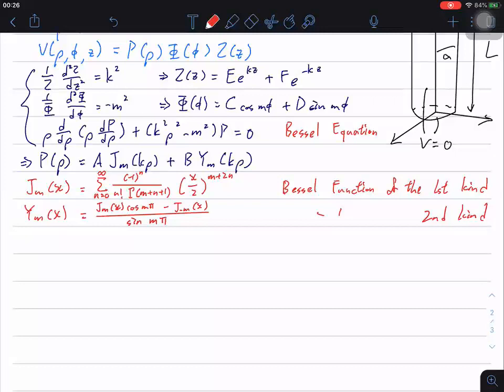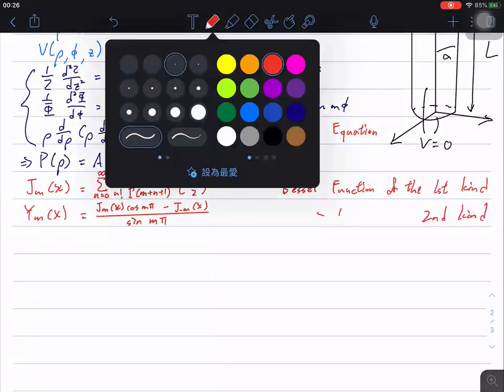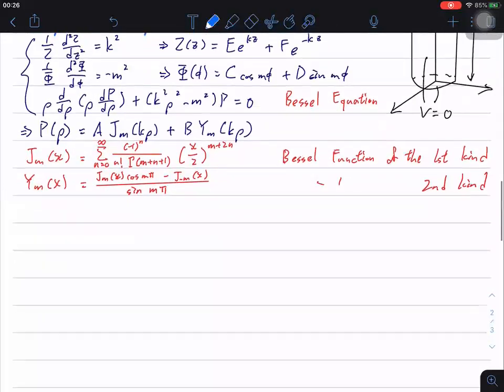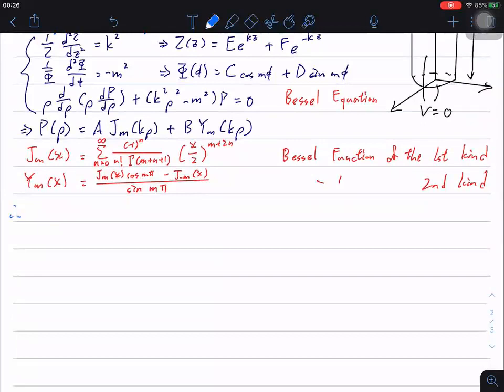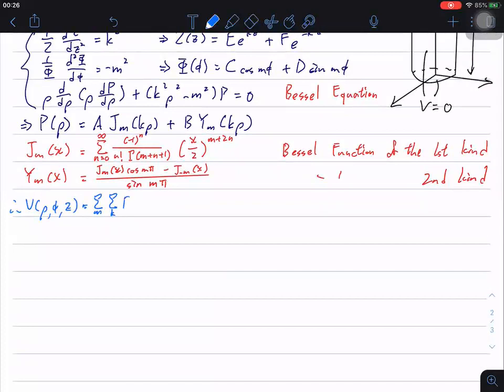Okay, so after we obtain those functions, we can write down the general solution of the Laplace equation in cylindrical coordinates. Actually, this one is also given, or you are asked to derive it, in problem set 6.